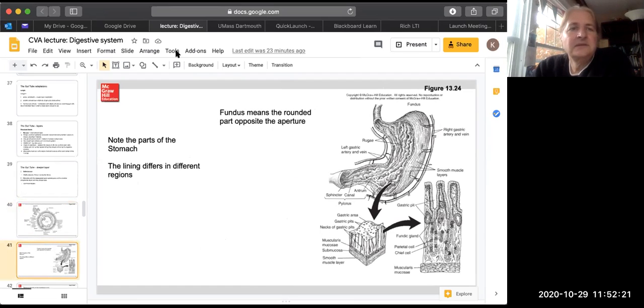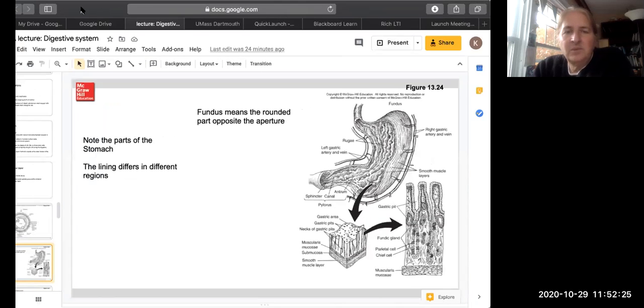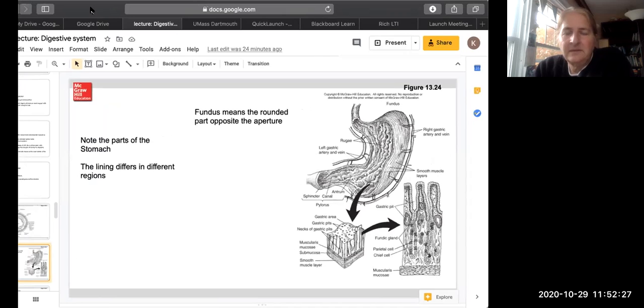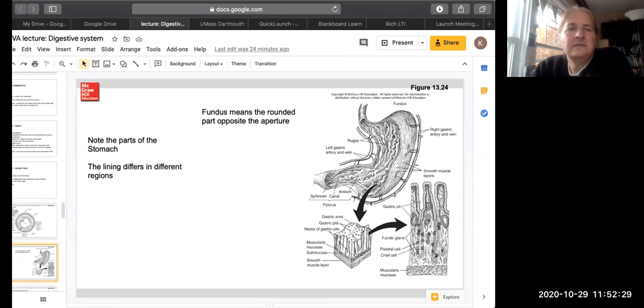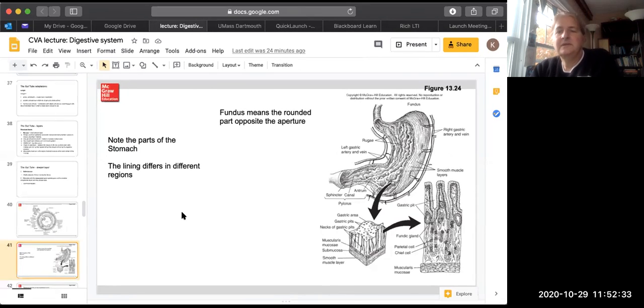Okay, so this is the next part. Most vertebrates have a stomach as a segmented region of their gut.